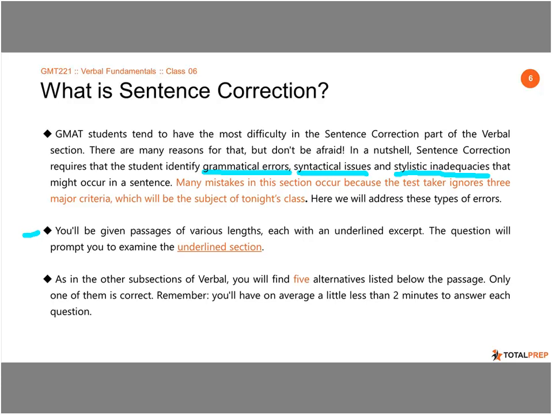As in the other sections of verbal, you will find 5 alternatives listed below the passage. Only one of them is correct. Remember, you have on average a little less than 2 minutes to answer each question. So you have to keep your eyes open and really pay attention to what's going on in order to succeed.